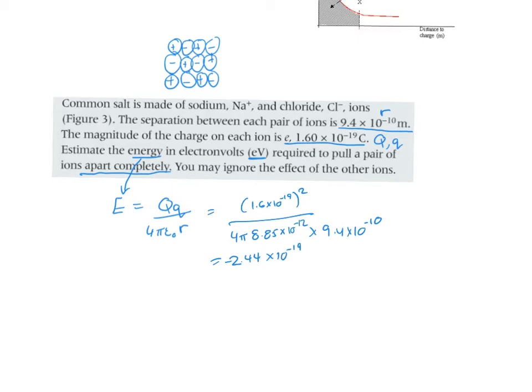So that's the energy that will be required. That's why it's negative. This is the energy that will be required to separate them. So the negative sign just simply means external energy is required to pull them apart.